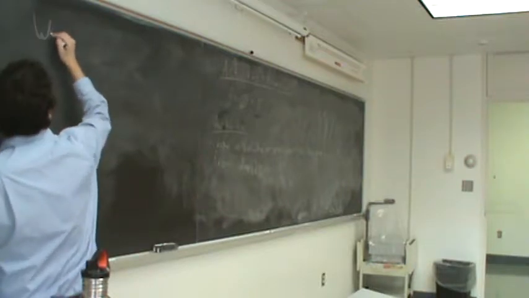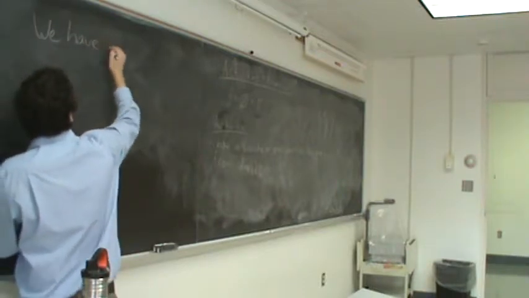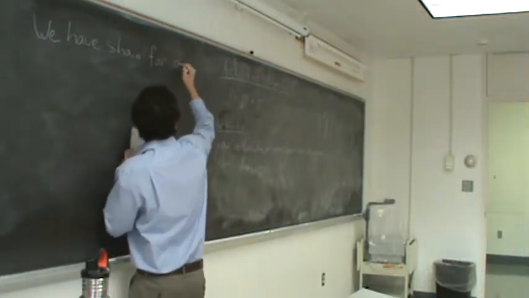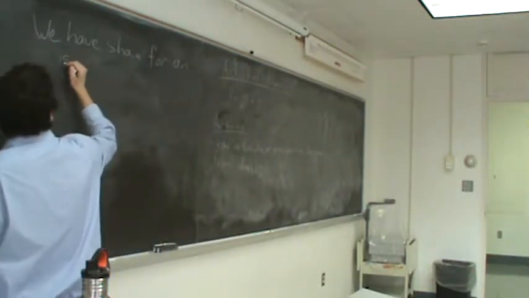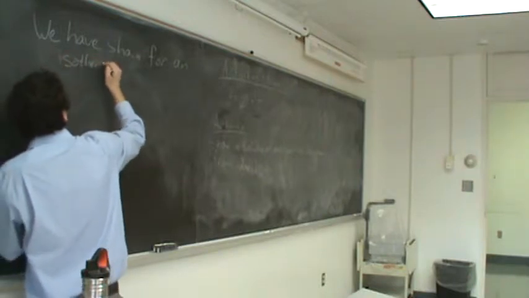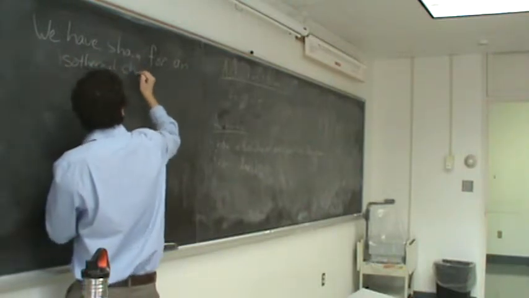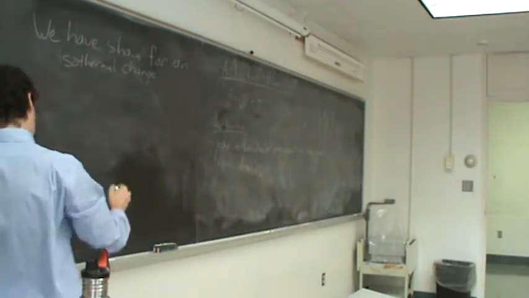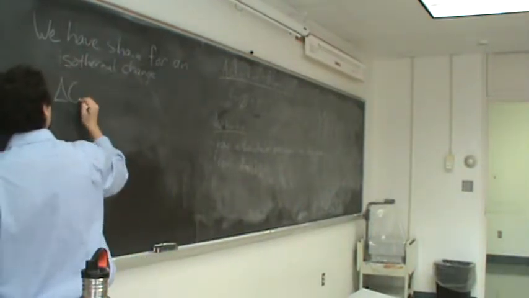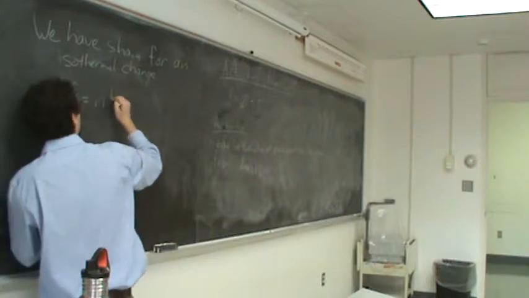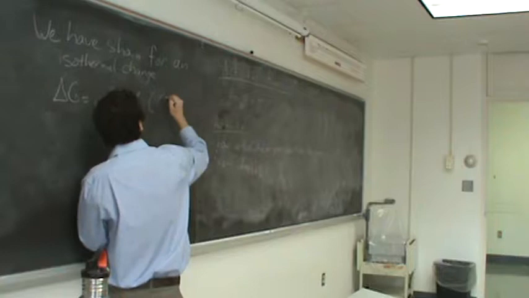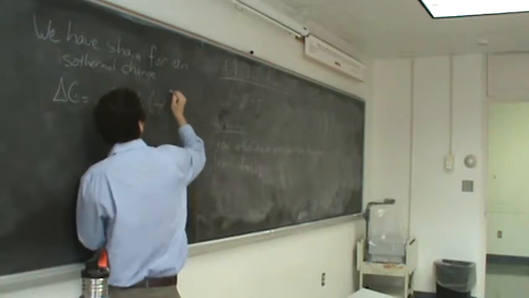We have shown for an isothermal change, isothermal meaning what? Constant temperature. Yep, constant temperature. The delta G was equal to nRT ln of P final over P initial, right?